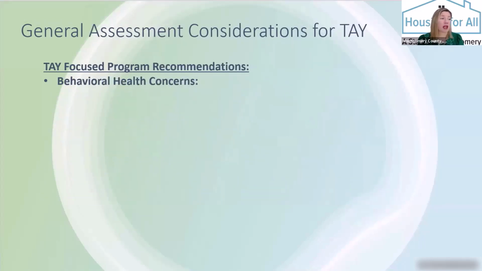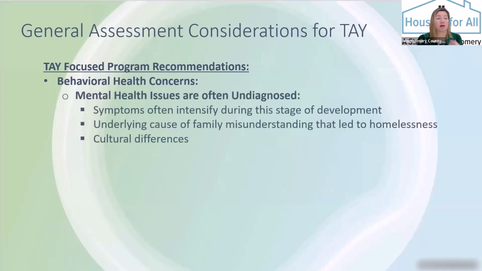So, last TAY focus program recommendation. There are a lot of behavioral health concerns that are apparent. We have mental health issues that are often undiagnosed. During the transition age youth time, ages 18 to 24, this is when symptoms often really intensify for things like bipolar disorder or schizophrenia.